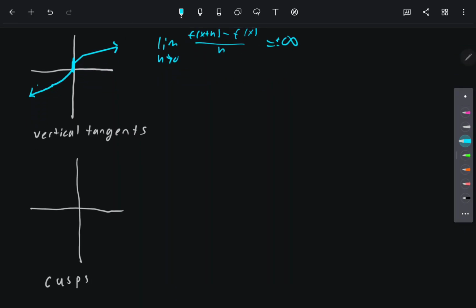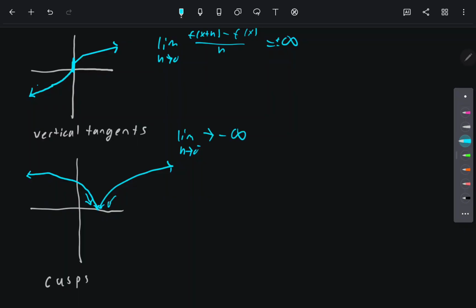The final example is cusps. And cusps, like a vertical tangent, drawing one in here, what really happens at a cusp is, as we approach this from the left, apparently I don't know my lefts from my rights, the limit as h approaches 0 from the left is going to approach negative infinity.